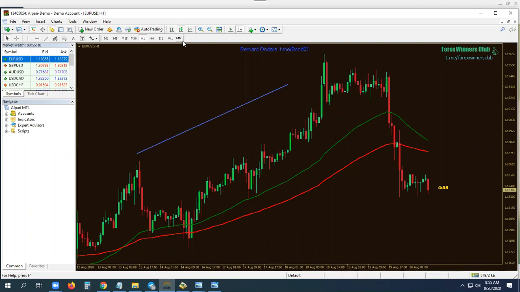When the market is making higher highs and higher lows, you connect the lows to create an uptrend line. When the market is moving down in a downtrend, when it's making lower lows and lower highs, you connect the lower highs to create a line that's moving like this.